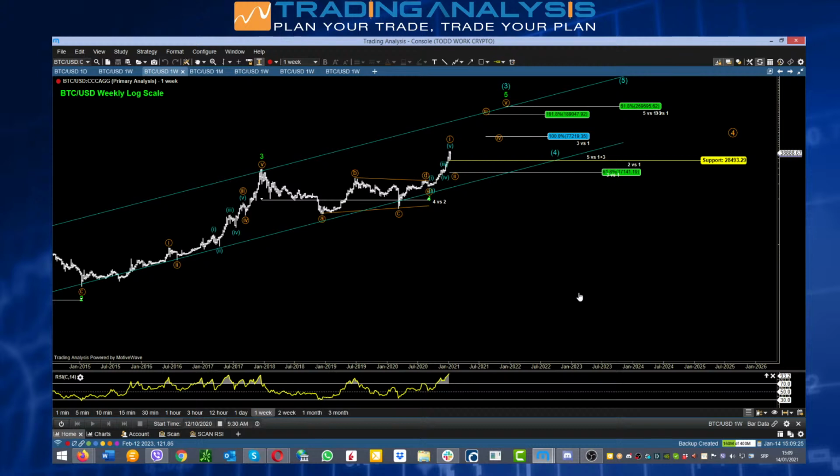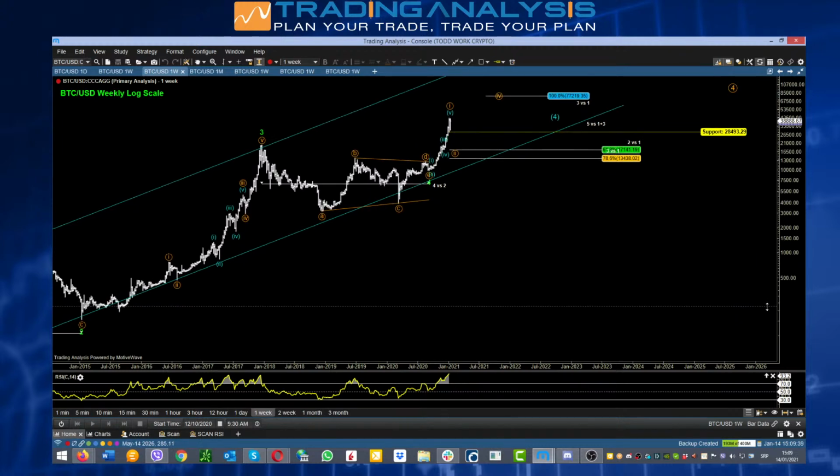Actually, I was not looking for this, but Todd presented to me this possible wave count, and from the Elliott wave standpoint, it is very valid.